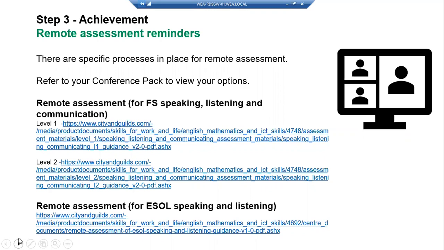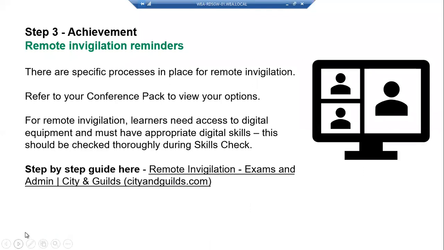So, the remote assessment guidance there, remote invigilation, which is different because that's for level 1, level 2 reading and writing functional skills, and level 1, level 2 maths. So there are very specific processes in place for that. Jackie Ruth, who's on the call, and some colleagues, Michaela and Lynn, I've seen on the call as well.